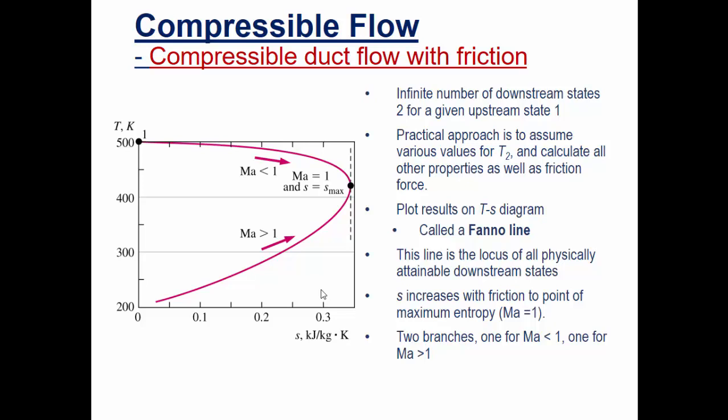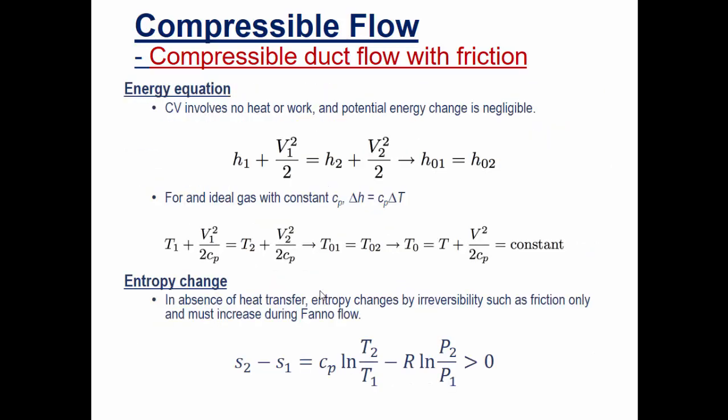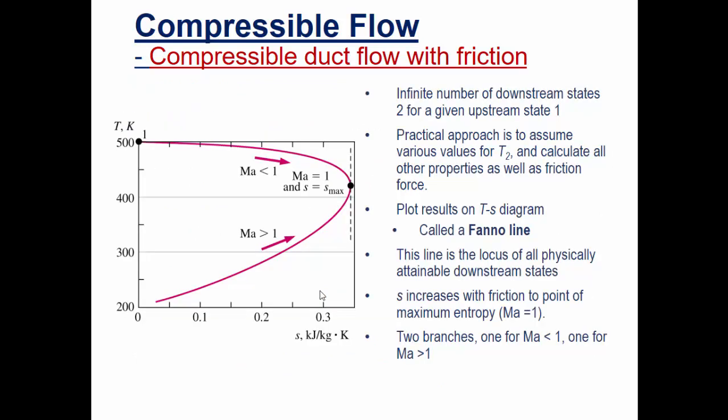Back in our previous five equations related to the duct flow with friction, we can have an infinite number of downstream states 2 for any given upstream state 1.